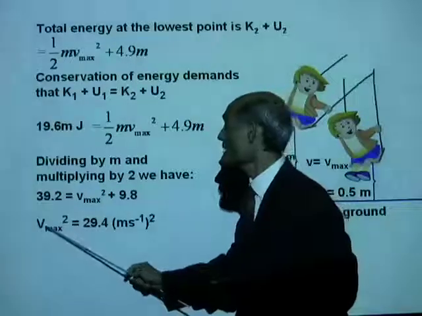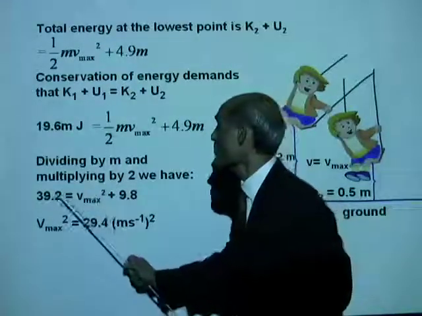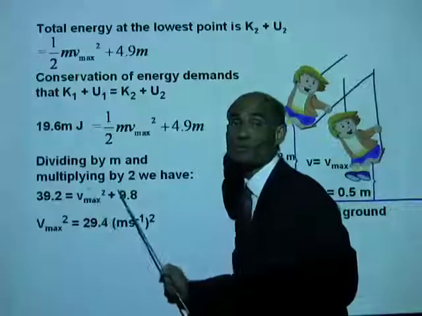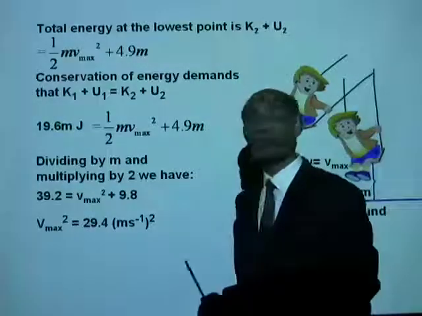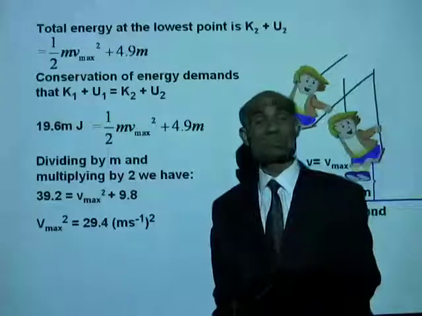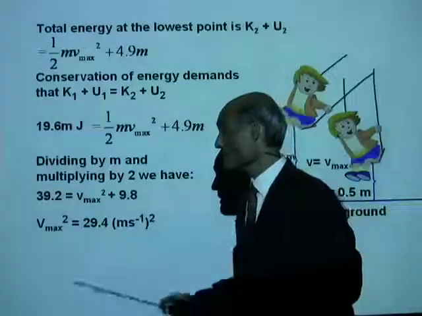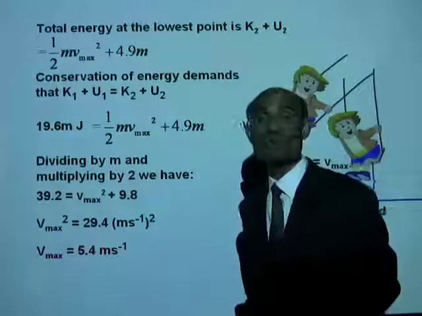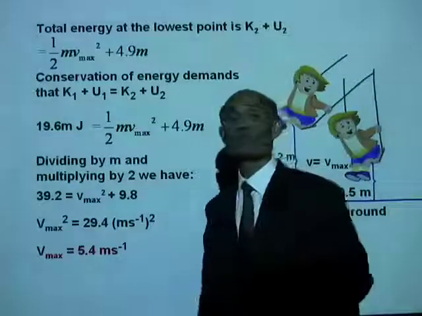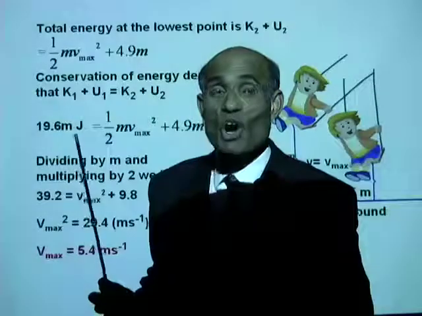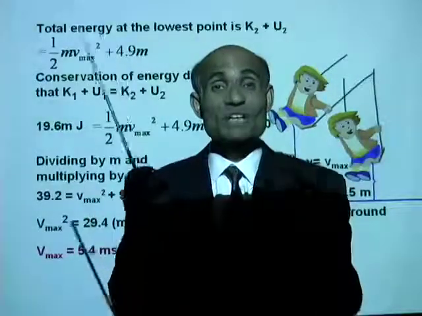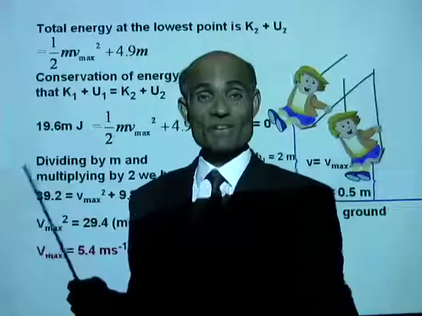Solve for V max squared. V max squared is 39.2 minus 9.8, that is 29.4 meter squared per second squared. Therefore, V max is the square root of that, 5.4 meter per second. You see, the neat way to solve problems using the conservation of energy.